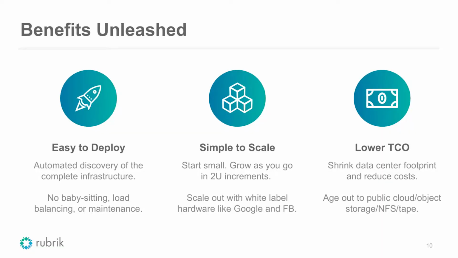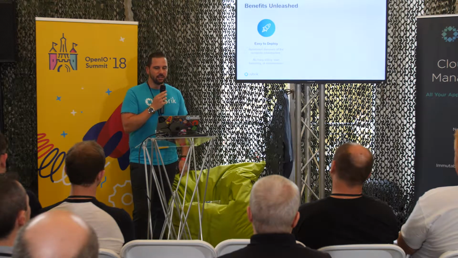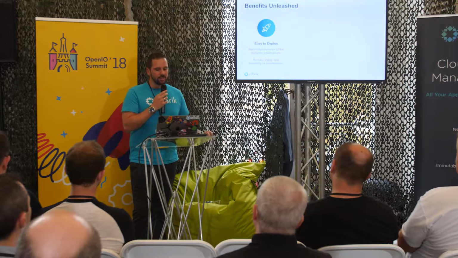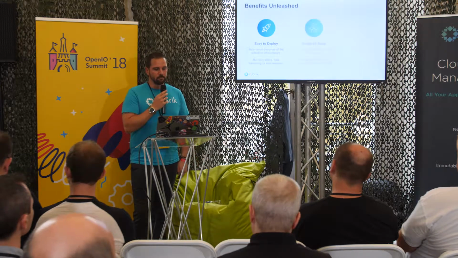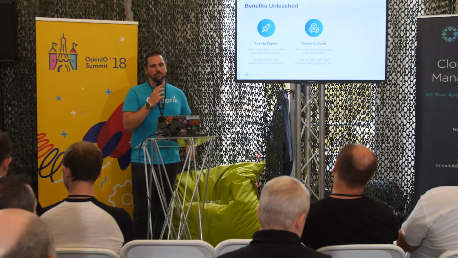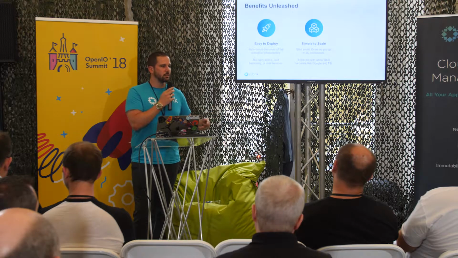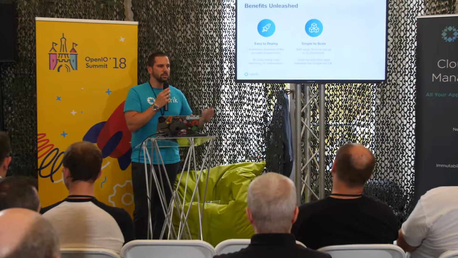Some benefits. I think we should at least put the two logos, because we have quite the same approach. So it's easy to deploy. There is no babysitting day after day. This is really simple to use. Simple to scale: we only grow in 2U increments, and each 2U increment uses 4 different servers.